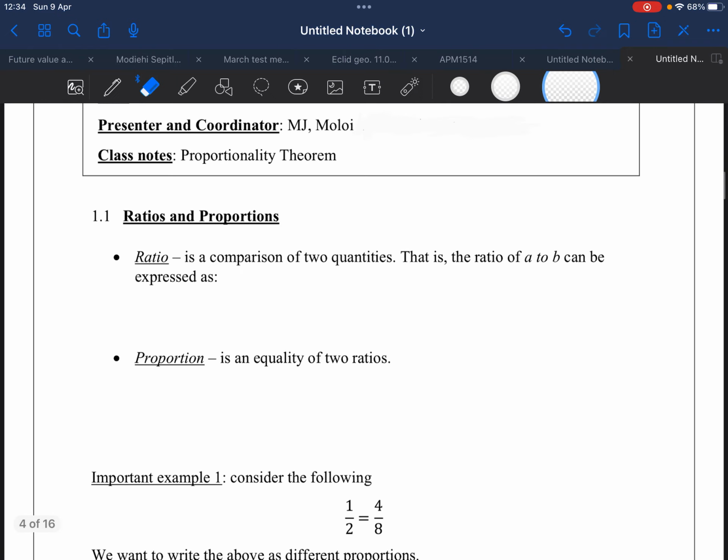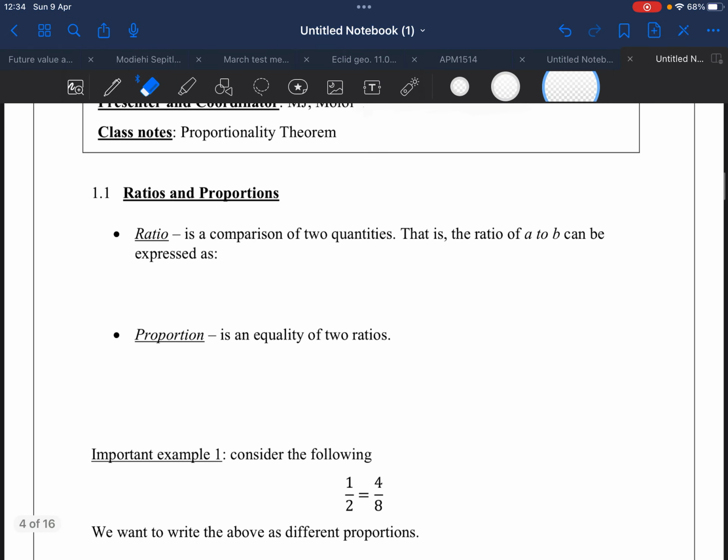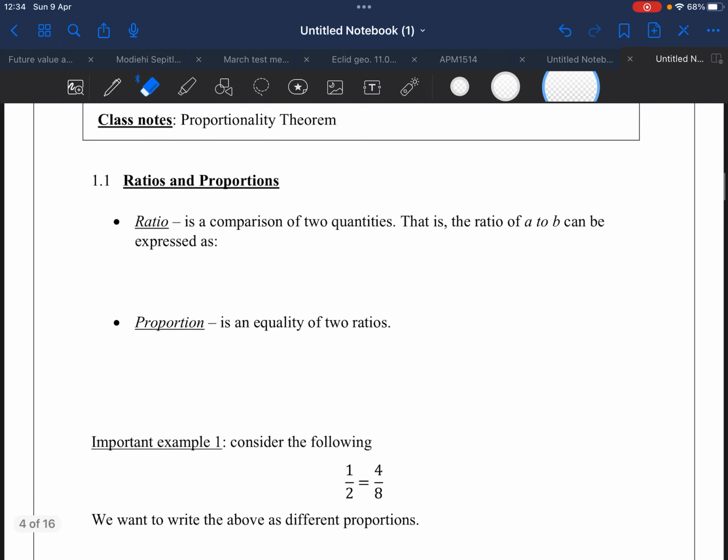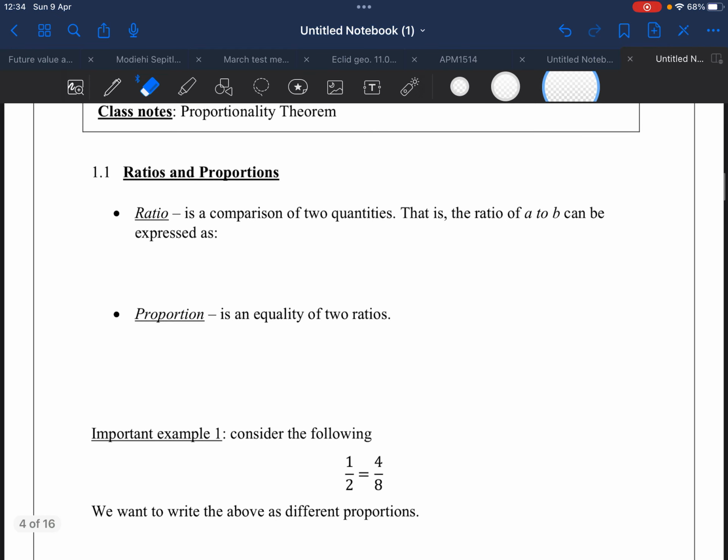I hope you are happy and excited to be here, as I am excited to present this lesson to you. So now, ratios and proportions. The formal definition of a ratio is a comparison of two quantities.